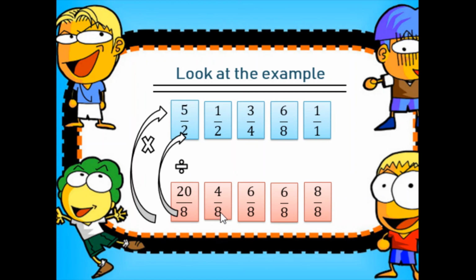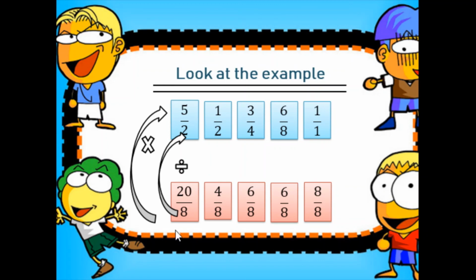Okay? 8 divided by 2 is 4 times 1 is 4. 8 divided by 4 is 2 times 3, we get 6. 8 divided by 8 is 1 times 6, we get 6. 8 divided by 1 is 8 times 1, we get 8.